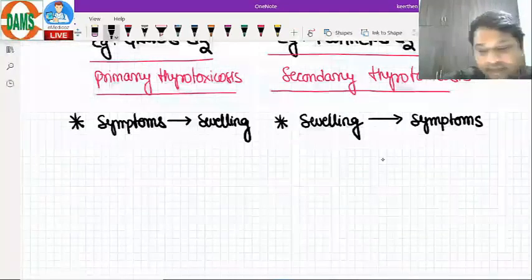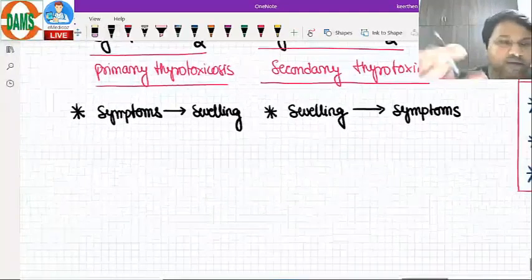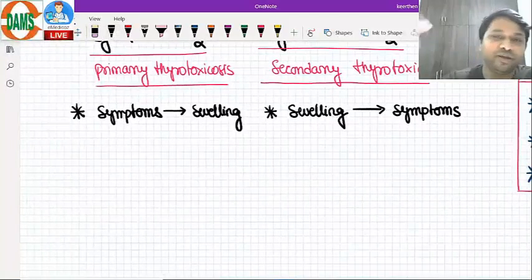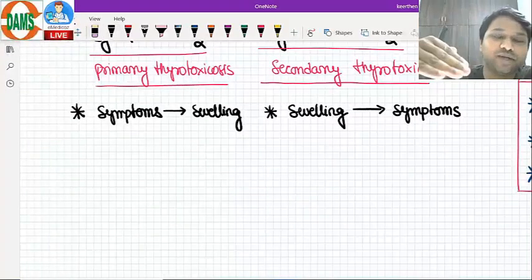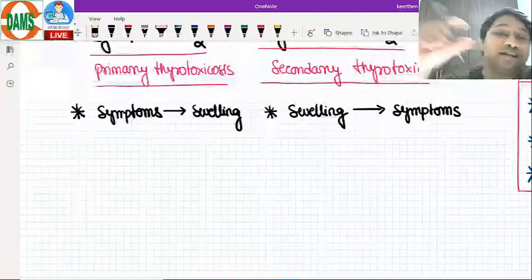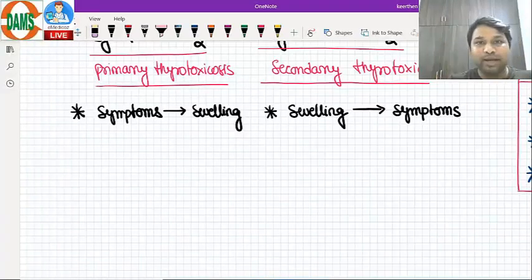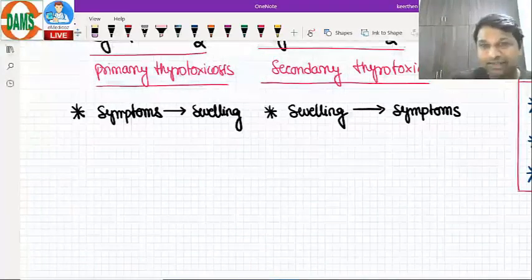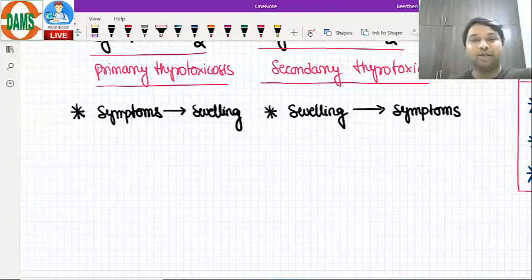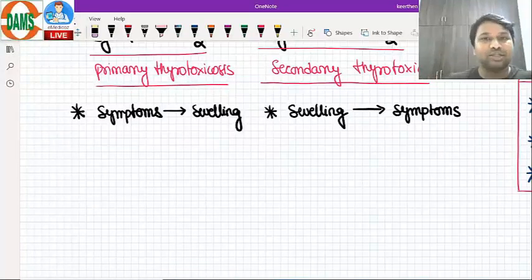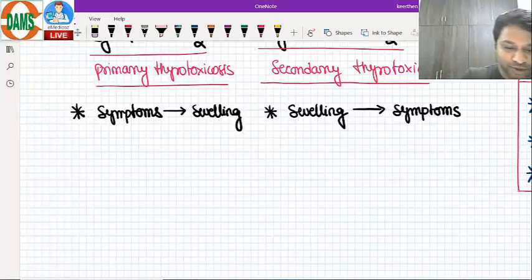If you remember, when we talked about the complications of multinodular goiter, I told you secondary thyrotoxicosis occurs in 30% of the patients. It's a pre-existing swelling which is converting into a toxic state. Such a case is called secondary thyrotoxicosis.